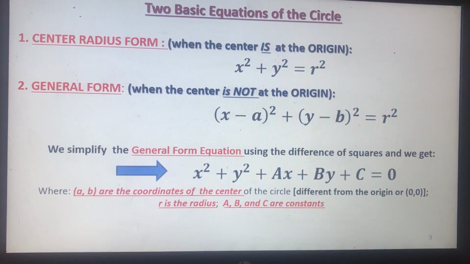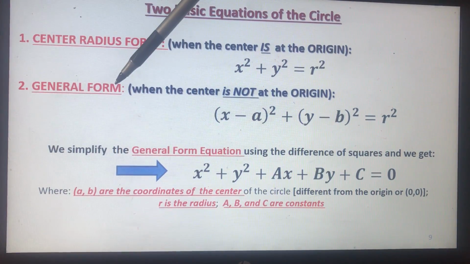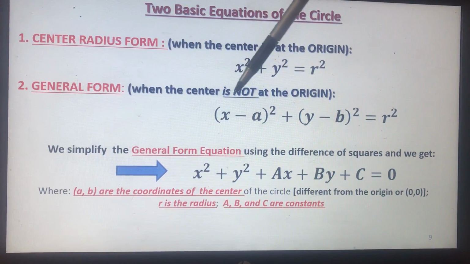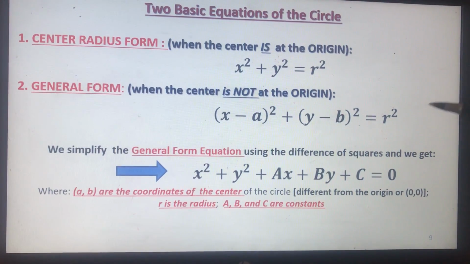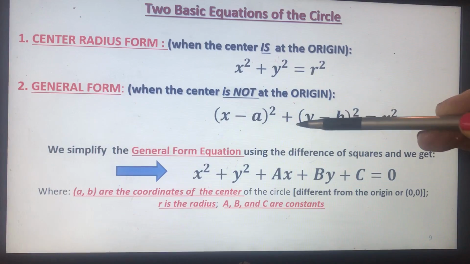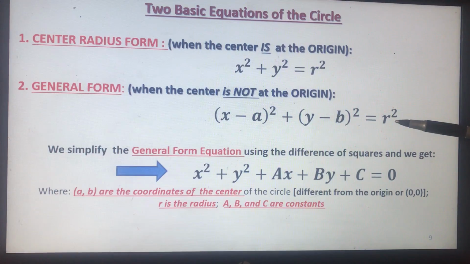Our second basic equation of the circle is called the general form equation, and it's used when the center is not located at the origin. The form of this equation is (x minus a) squared plus (y minus b) squared equals r squared, where r is the radius.